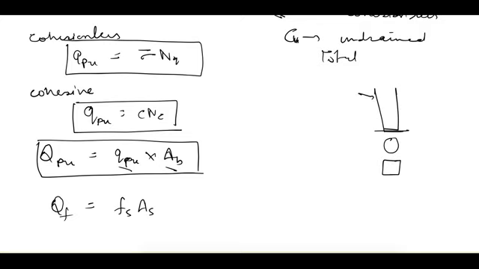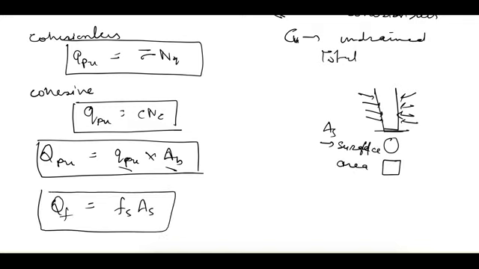Similarly, for frictional resistance, we write QF is equal to Fs into As. Fs here is the unit frictional resistance, so that will be mobilized on the surface and multiplied by the surface area, that is As, will give us the total frictional resistance. So this is the equation. Fs here is unit frictional resistance.